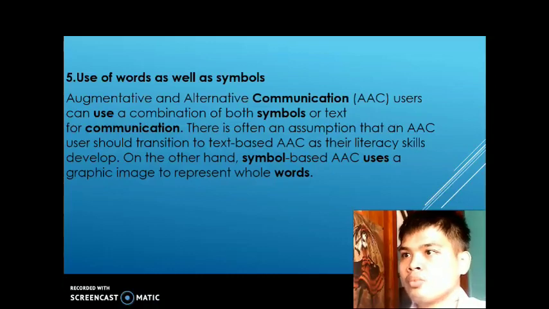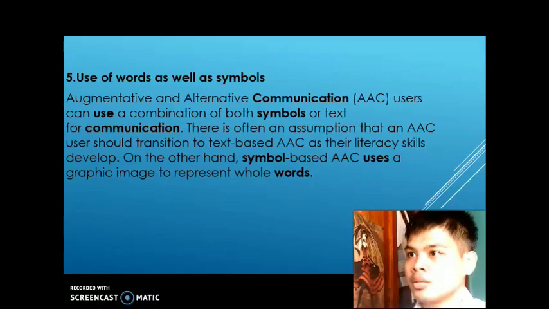Five, use of words as well as symbols. Augmentative and alternative communication, or AAC. Users can use a combination of both symbols and text for communication.